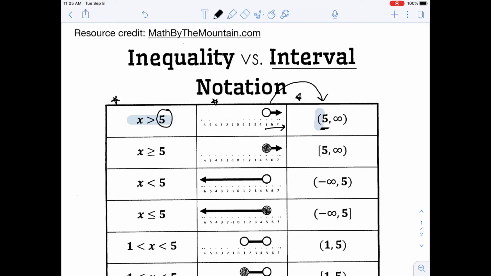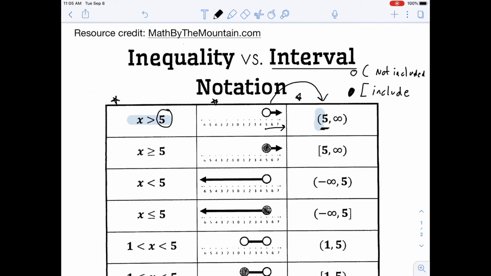In interval notation, the parentheses mean you're not including the number, and a bracket means include the number. So this represents your open circle and your closed circle on a number line.